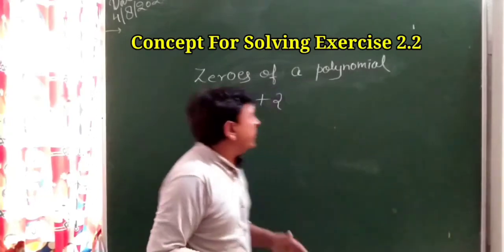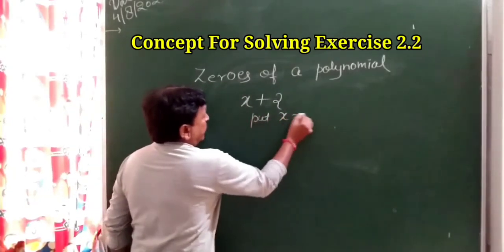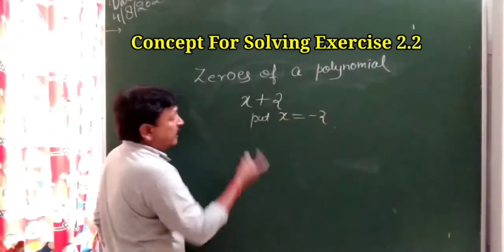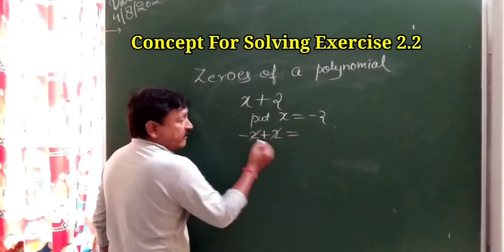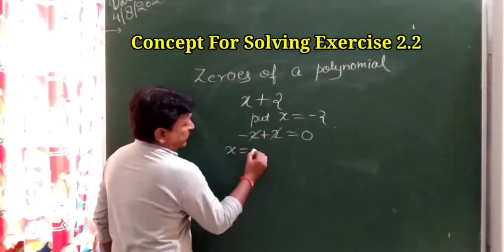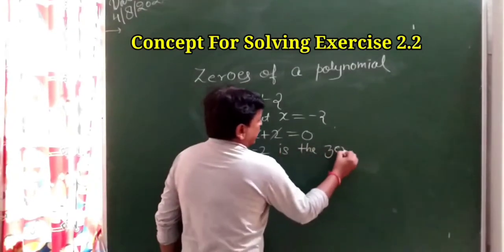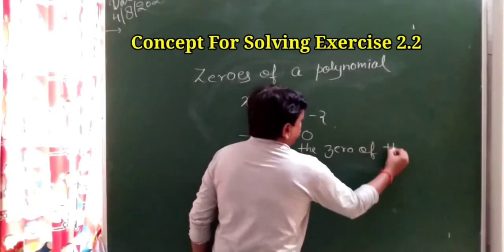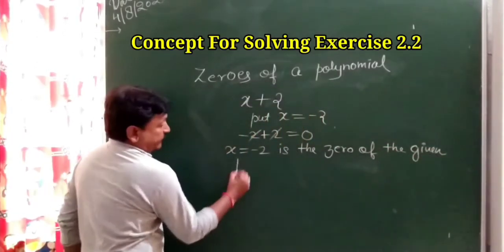In place of x we can put minus 2. Now solve it: minus 2 plus 2, plus and minus cancel, the answer comes 0. So we can say x is equal to minus 2 is the zero of the given polynomial.